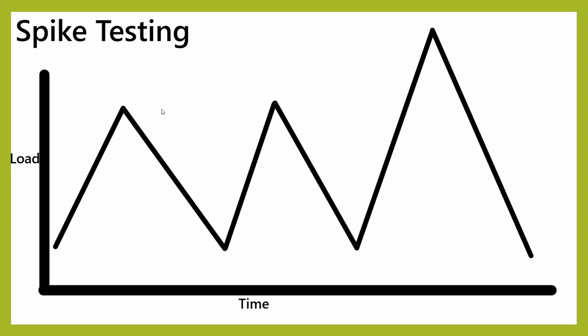Suppose there is a new product launch. Now for example, OnePlus, or you can say Xiaomi, they come up with a flash sale model, right? So in that flash sale model, the user load spikes immediately, right?